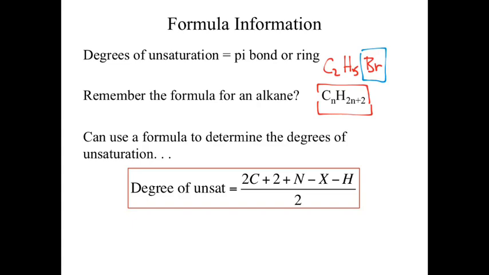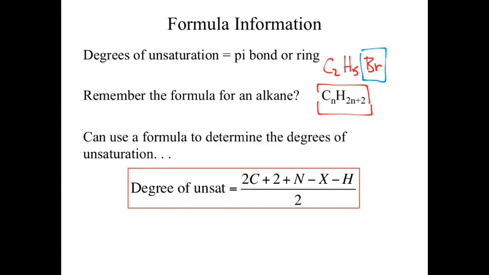That interpretation is something that has always eluded me as a student, and I just think it's a waste of time to go through and do, but because I know it is something that people can use and it does provide you valuable information, we'll talk about it briefly here. So what we can go through and do is use this formula. Okay? You can already tell why I don't like it. It involves a formula and numbers. But we can use this formula to determine the degrees of unsaturation in our molecule. So let's walk through it.